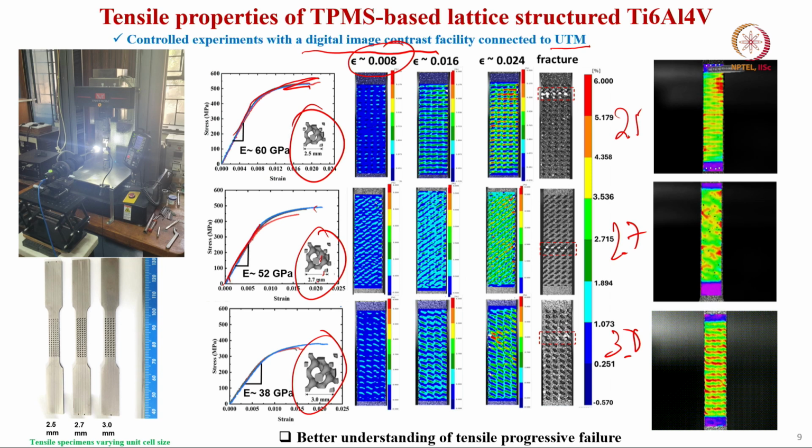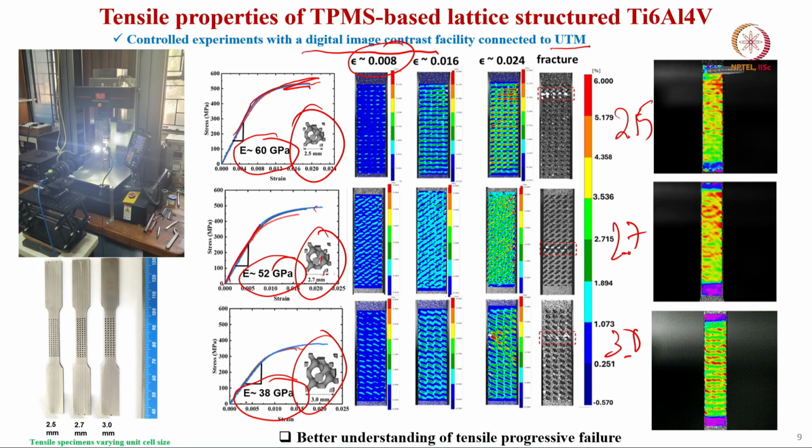It goes up to a maximum stress value of 550 megapascal, with elastic modulus of 60 gigapascal for the 2.5 millimeter unit cell size, 52 gigapascal for 2.7 and 38 gigapascal for 3 millimeter. If you go to a larger unit cell size, looking at this trend, you can even reduce the elastic modulus to less than 30 gigapascal, so you are going closer and closer to the cortical bone properties.